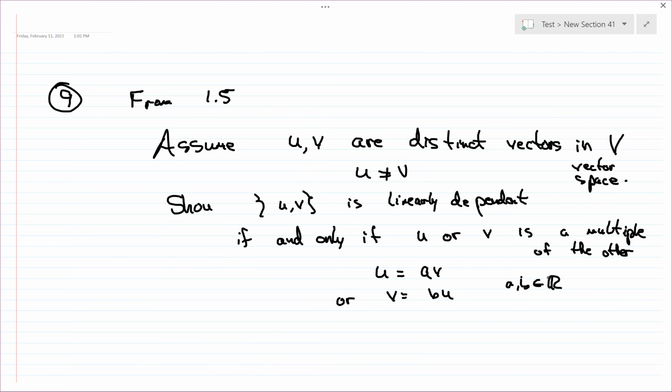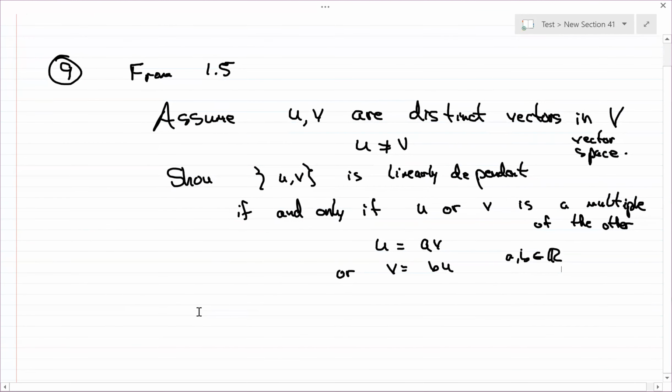Okay. I think if and only if means there's two directions to prove. Why don't we prove that? Well, this is the easier one. I think it's actually easier to assume that one is a multiple of the other and show that it's linearly dependent. So let's show that way first. So suppose, two parts, part one.